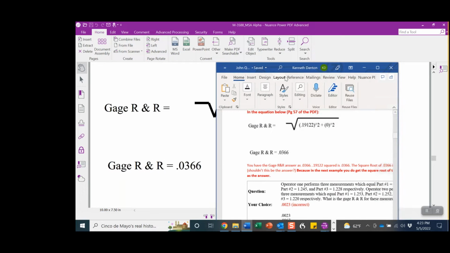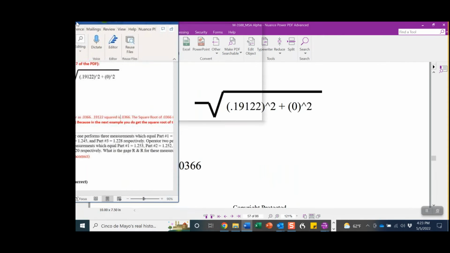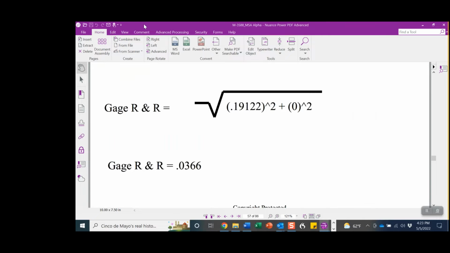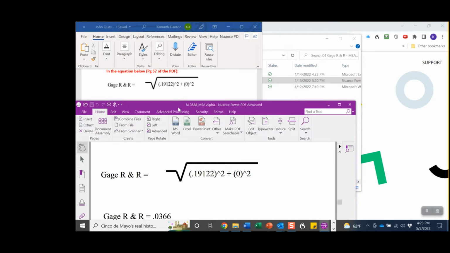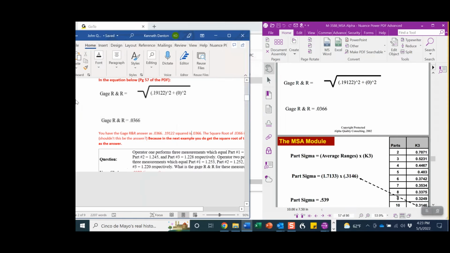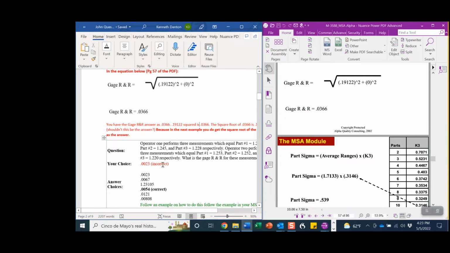Shoot, this thing is hard to navigate. Maybe I can figure it out this way.